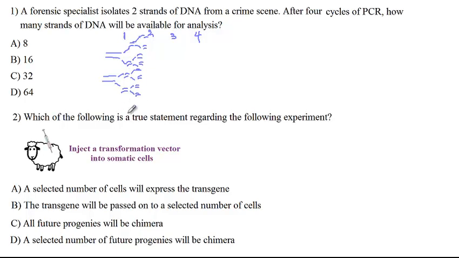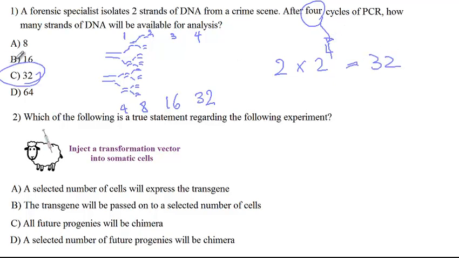On our first cycle we had 4 strands, on our second cycle we had 8 strands, on our third cycle we will have 16 strands, and on our fourth cycle we will have 32 strands. So 2 times 2 to the power 4, which is the 4th cycle, is equal to 32. Now, which of the following is a true statement regarding the following experiment?